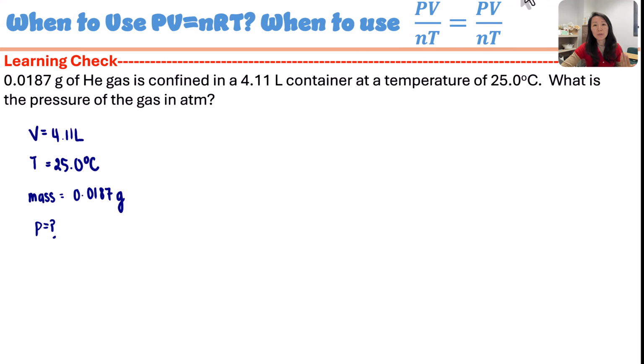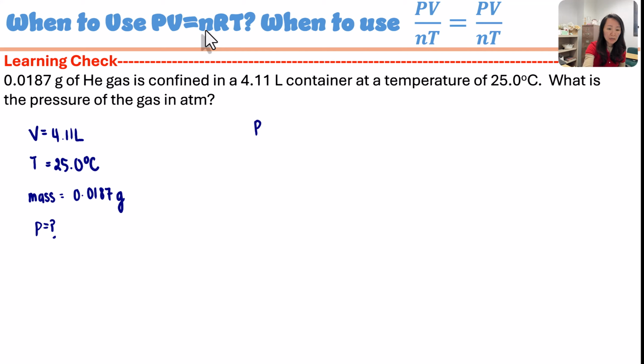If I rewrite all of this in a format where I can organize everything together, we have the volume, temperature, and mass, not moles, but mass, and we're looking for pressure. Based on this, there are no two volumes, no two pressures or two temperatures.